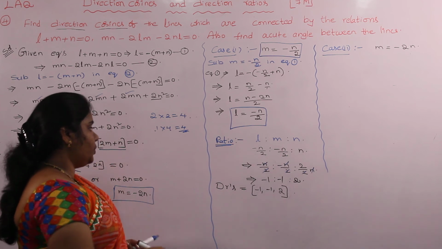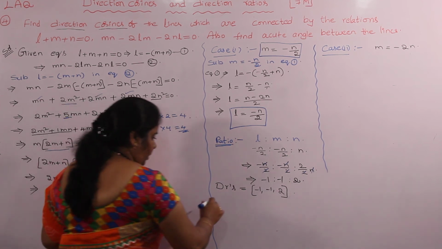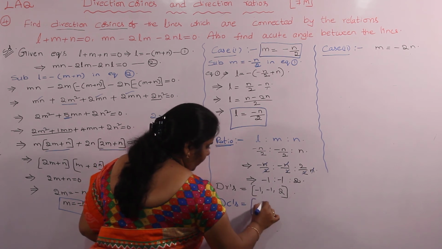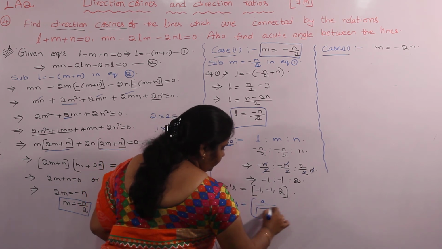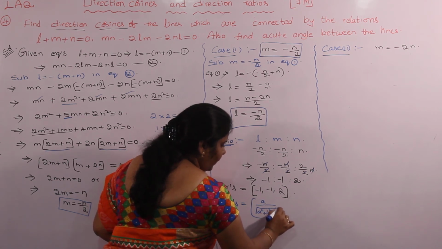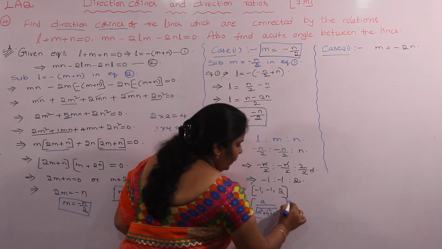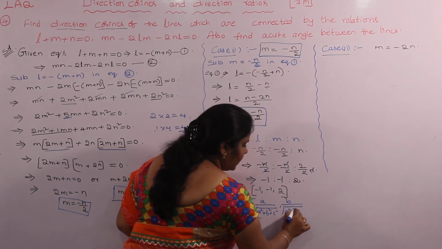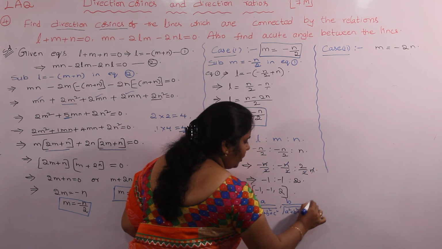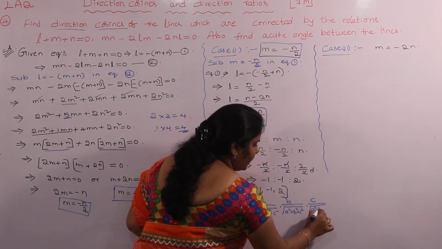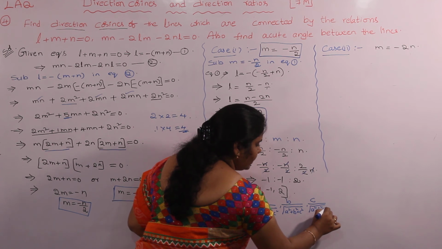When direction ratios are given, the formula for DCs, direction cosines, is a by root over a square plus b square plus c square, comma b by root over a square plus b square plus c square, comma c by root over a square plus b square plus c square.